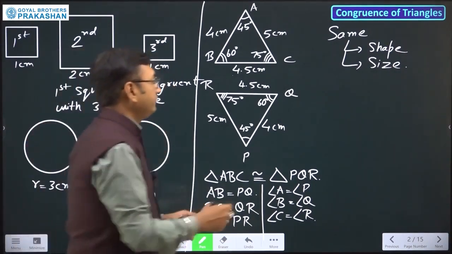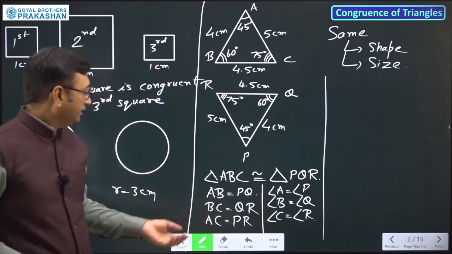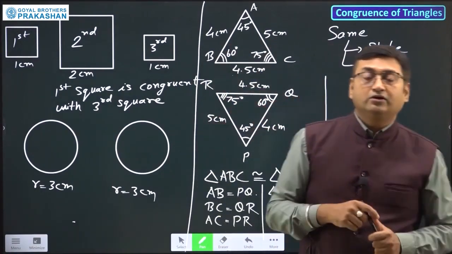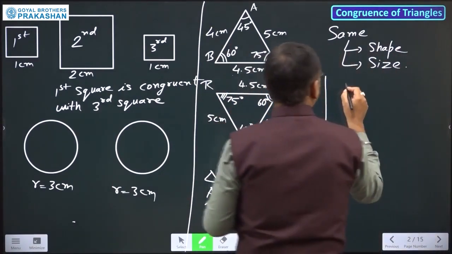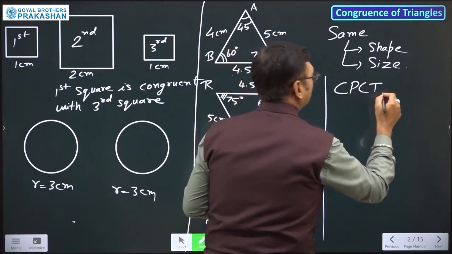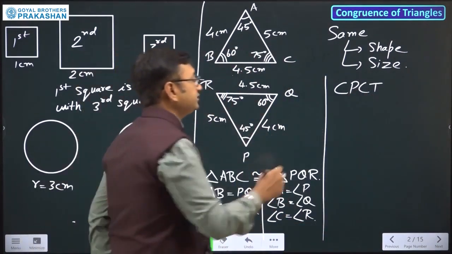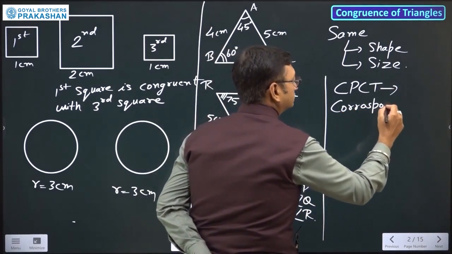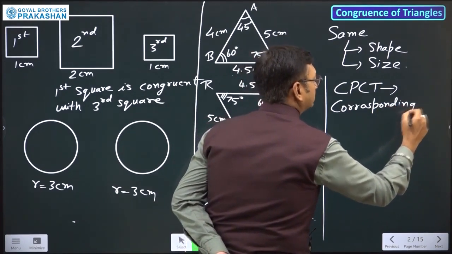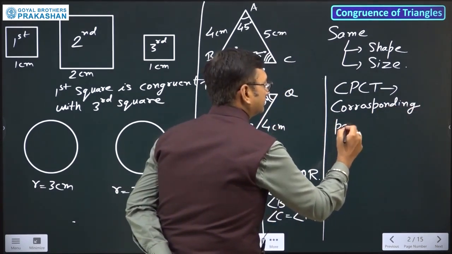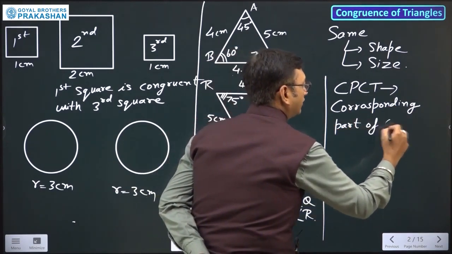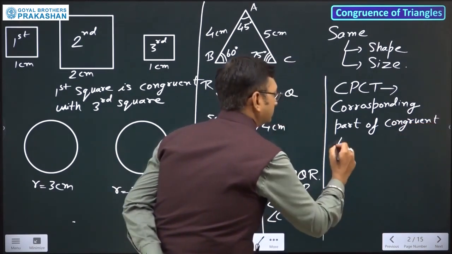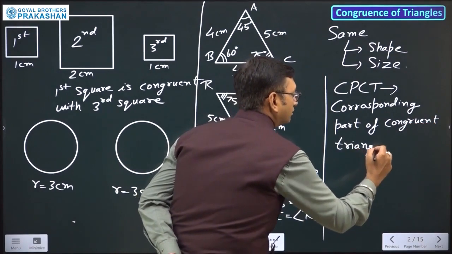So now whenever we have two triangles congruent, we can say that their corresponding parts are equal. For that we will be using a small abbreviation, the short form CPCT. CPCT stands for corresponding parts of congruent triangles.